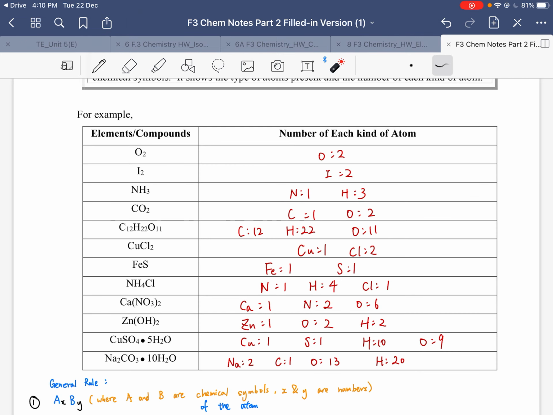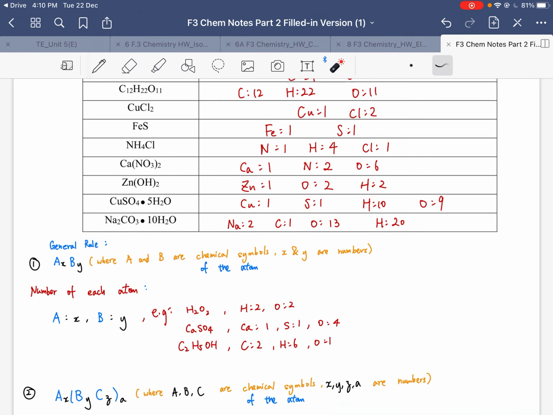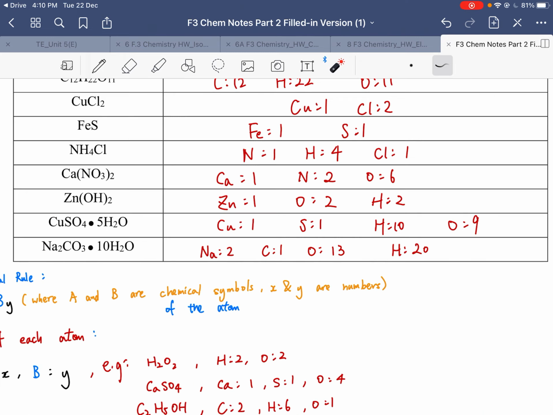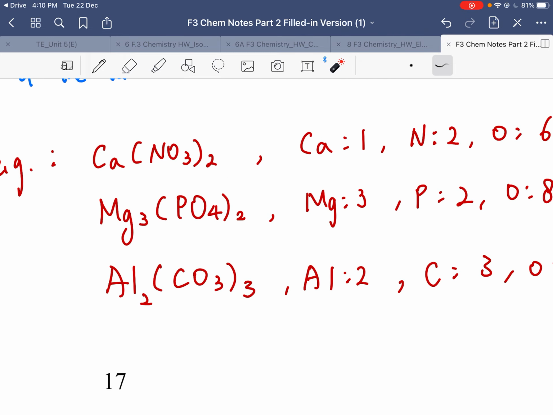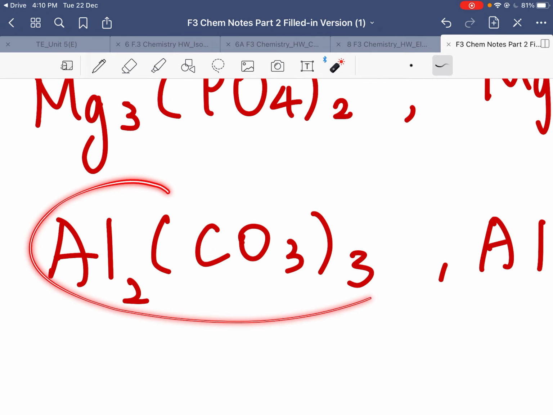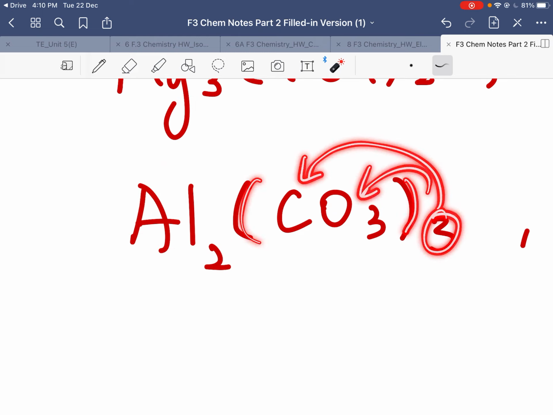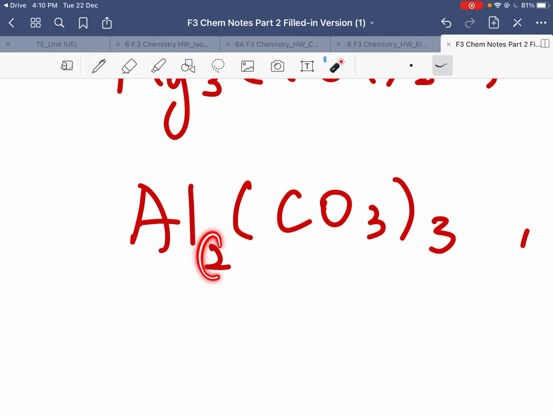Next one, how to judge each type of atoms. I think you can refer to this one. For example, I ask you, how many atoms in this compound? You just need to multiply, because this bracket means 3, everything inside the bracket multiplied by 3. That means 2 plus 3 times 1 plus 3 times 3.